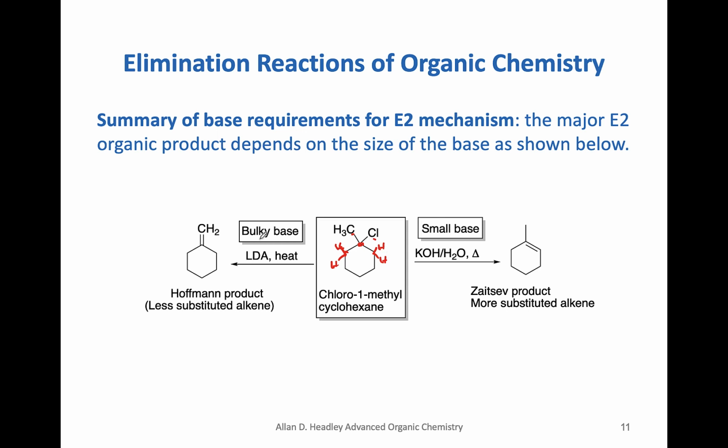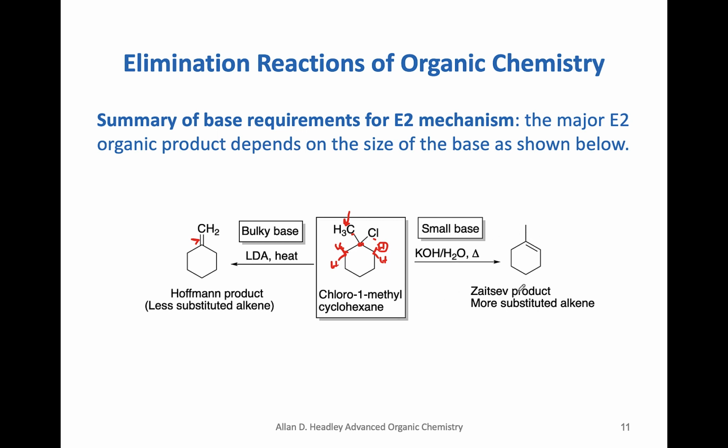So in the presence of a bulky base, the alkene will form here because it will abstract one of these hydrogens because they're more accessible. In the presence of a small base, that small base can abstract this hydrogen or one of these hydrogens to form the more stable alkene.